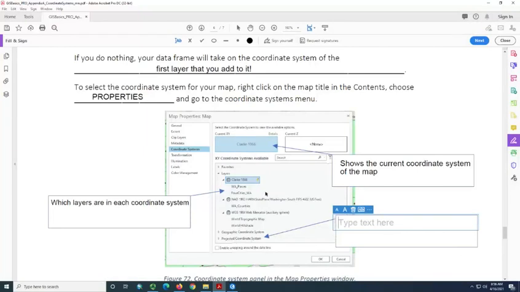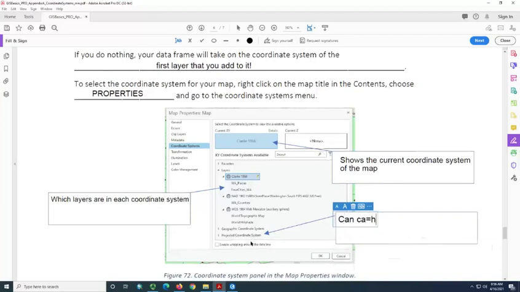Okay, so the only other thing we wanted to say about this illustration, this little pane, was that we can change the coordinate system of the map here by selecting a new geographic or projected coordinate system.